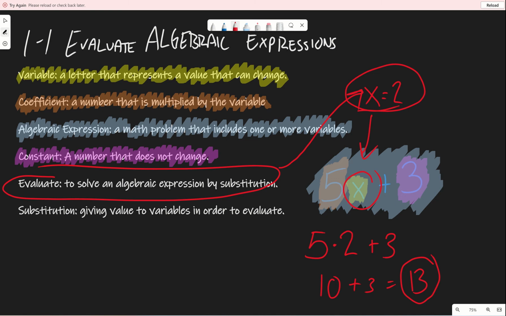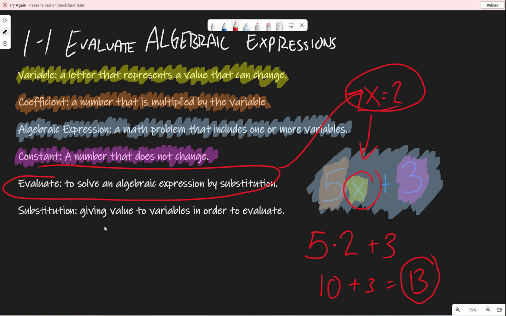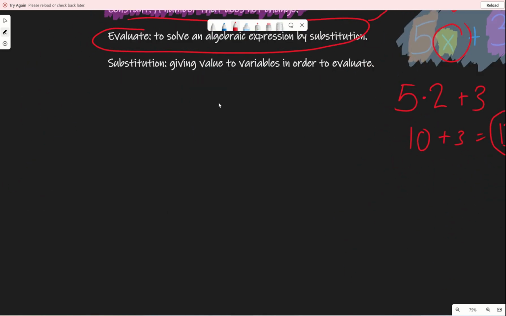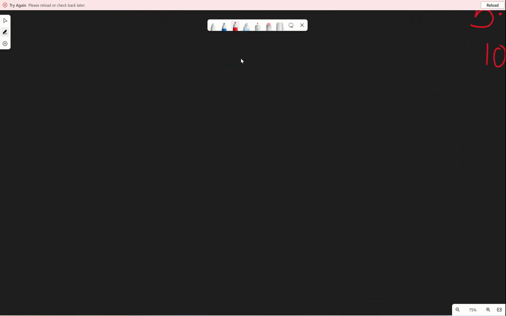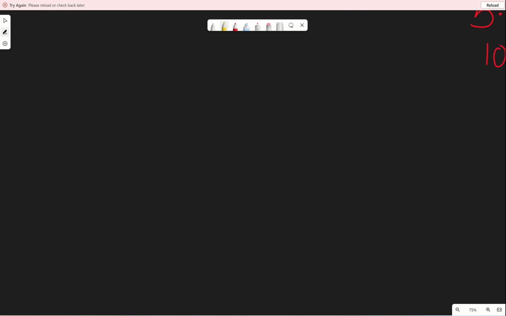All right, so that is all of our vocabulary. Let's go and try some of this evaluating and substituting on our own. Let's say I have the expression x plus 5, and I know x equals 11.